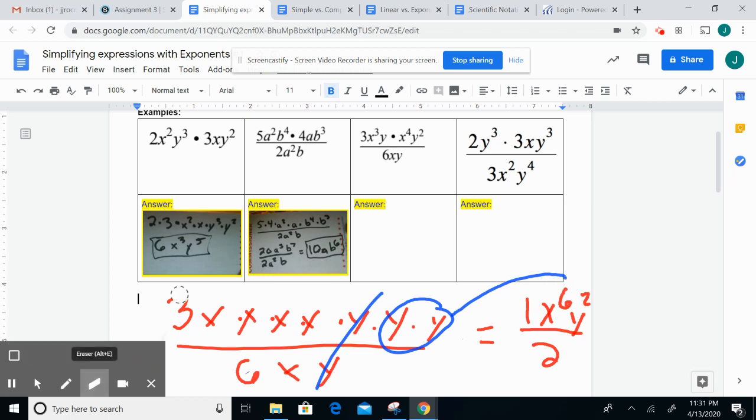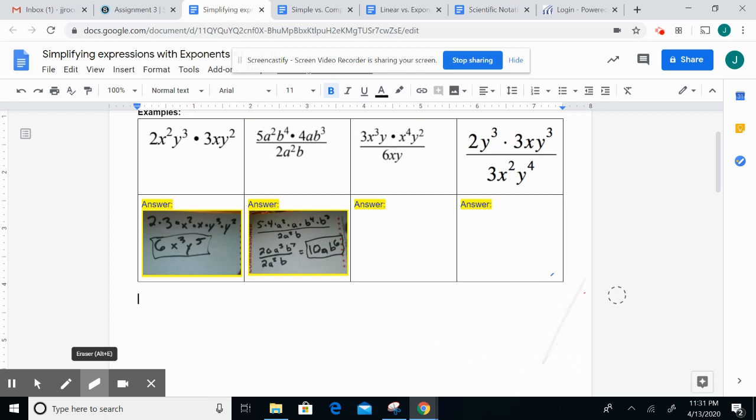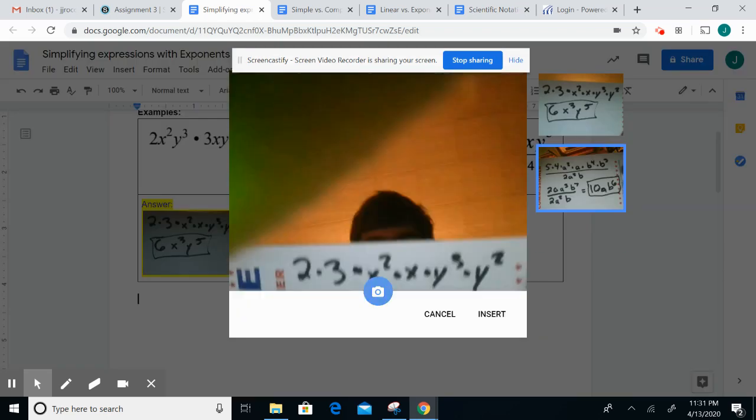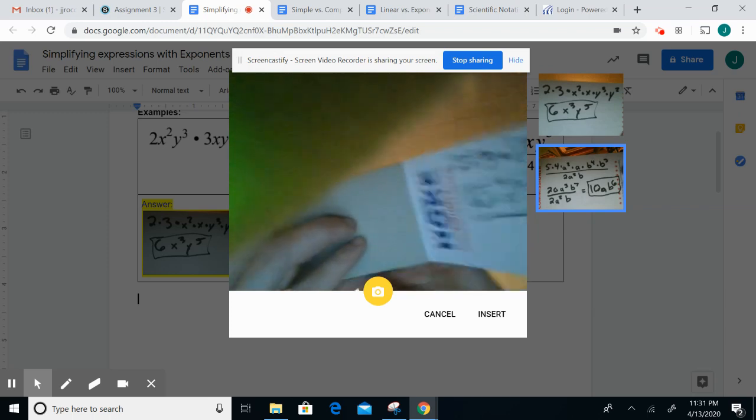All right. I will put my work up here in a second, and we will do the last one. All right. So that would not be it.